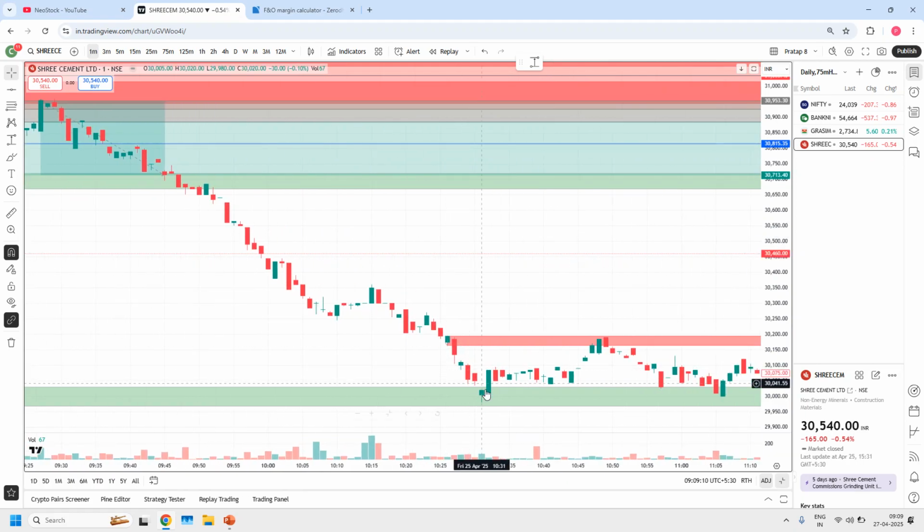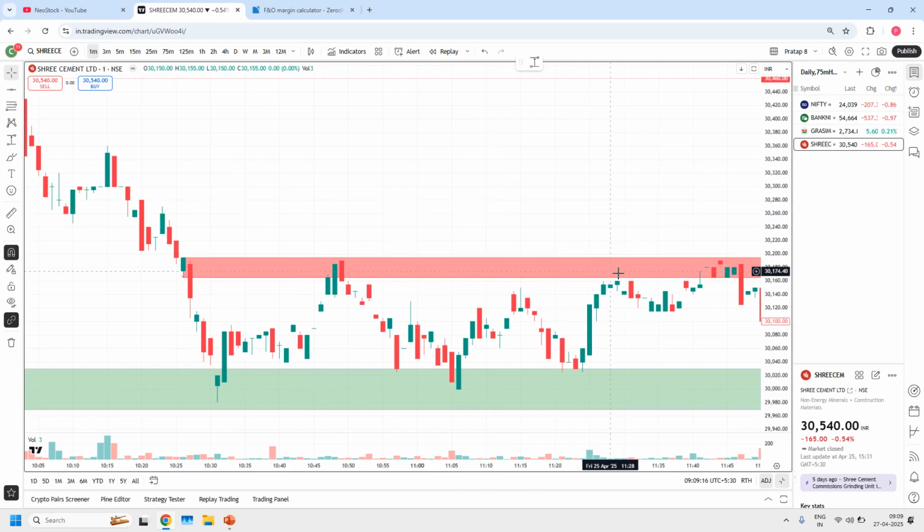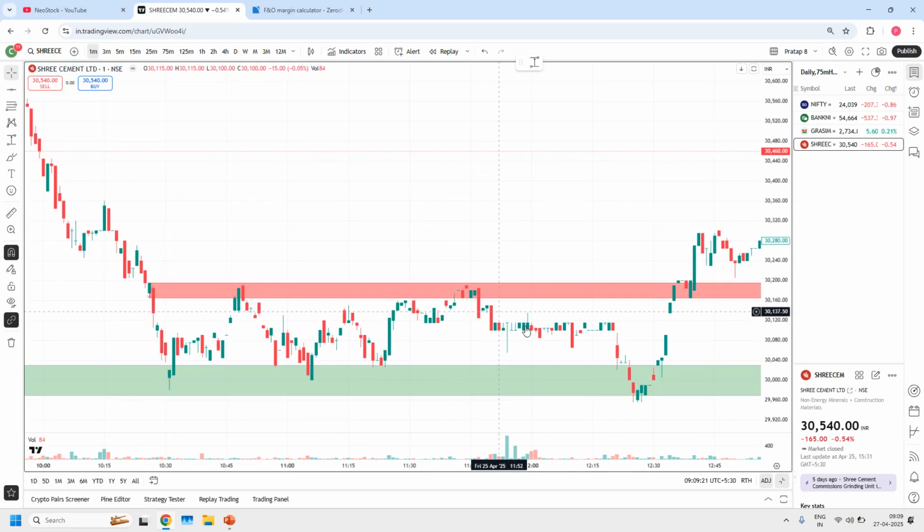All these are all small candles. See, this is the one holded and again came here. So this is acting as a high liquidity zone. Did you notice? Lot of time this zone acted as a high liquidity zone, holding the prices. So that means prices are moving in between area.